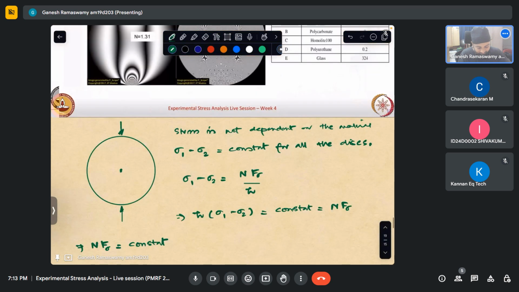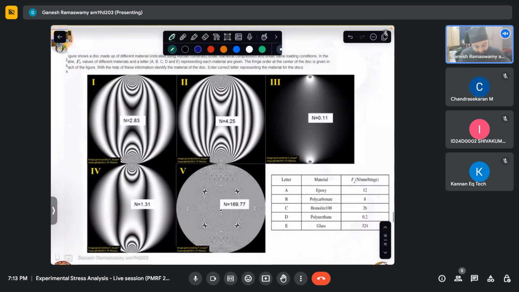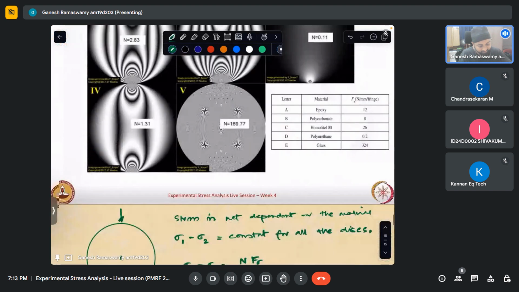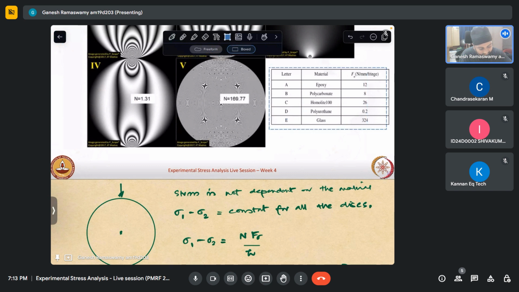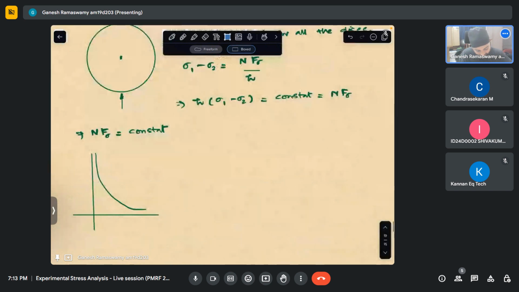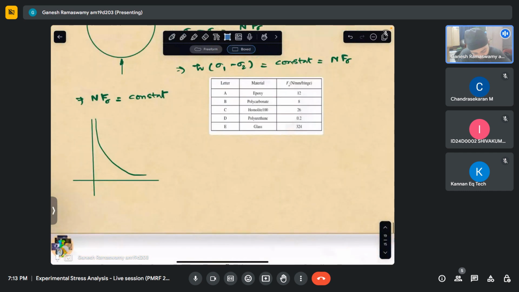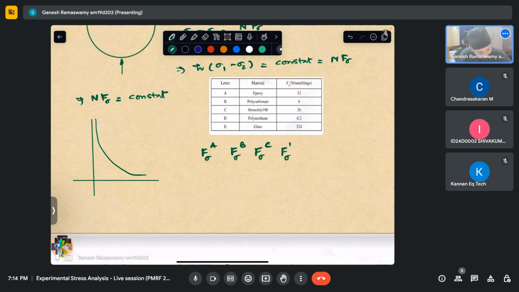So if I were to arrange letters A to E in the order of their f sigmas, let me put it here. So f sigma of A, B, let me write it like this, A, E. So out of this, which is the maximum?